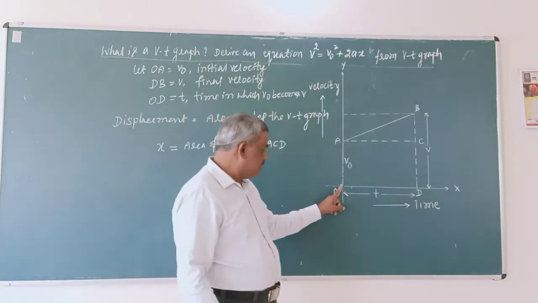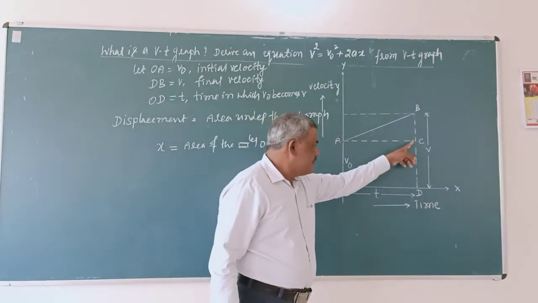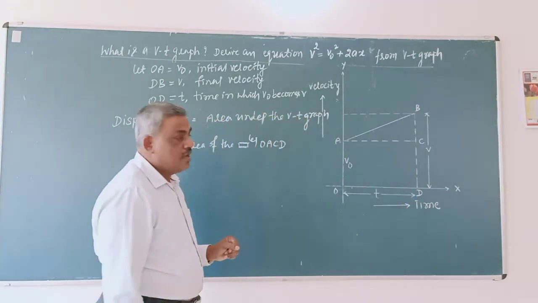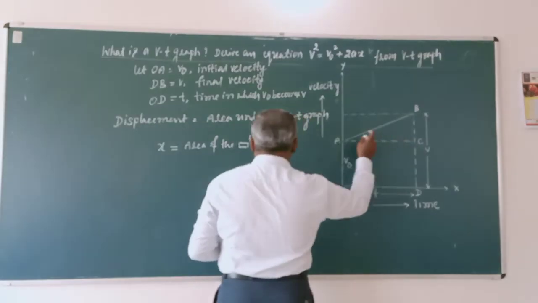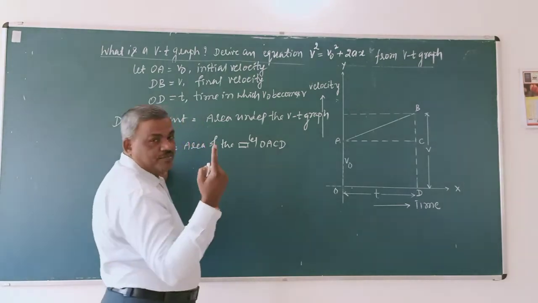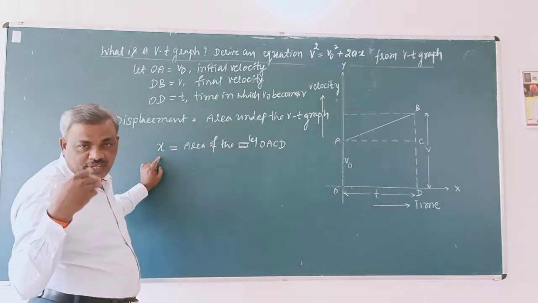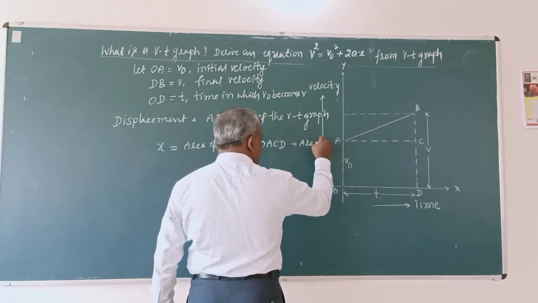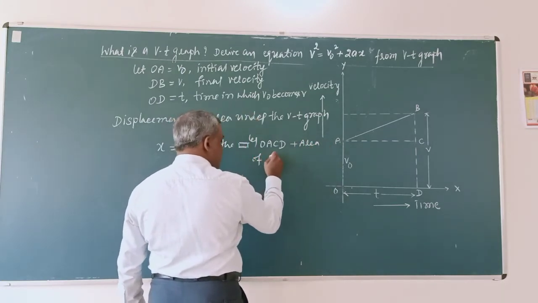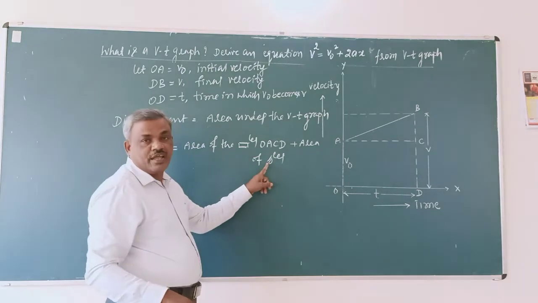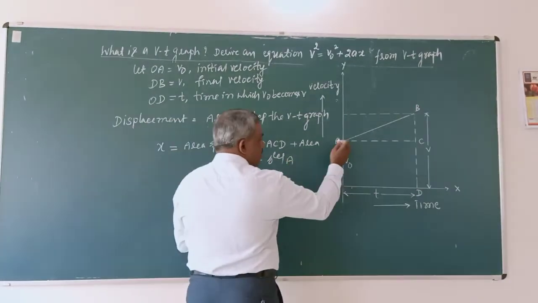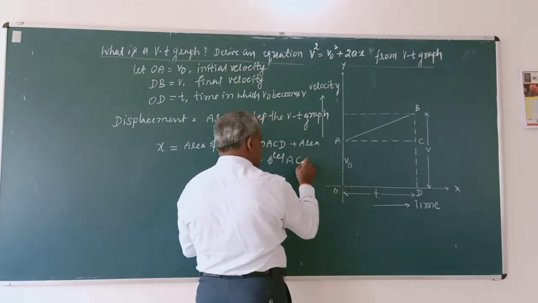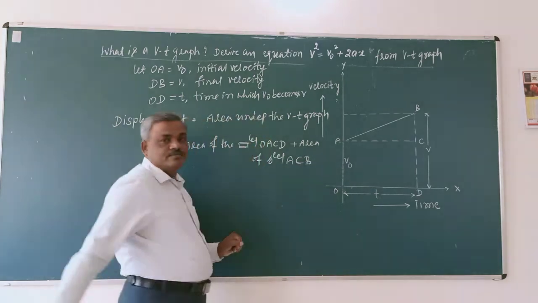Area of the rectangle O, A, C, D, and area of the triangle. So area of trapezium equal to area of the rectangle plus area of the triangle. Area of the triangle ACB.